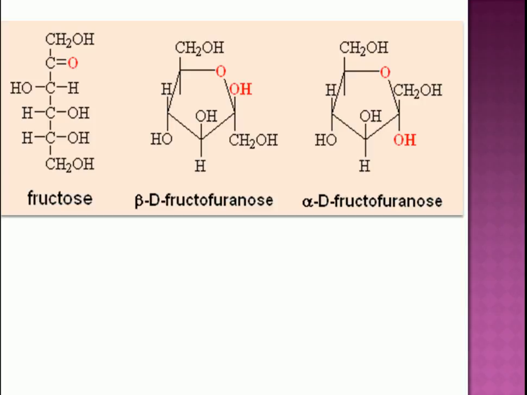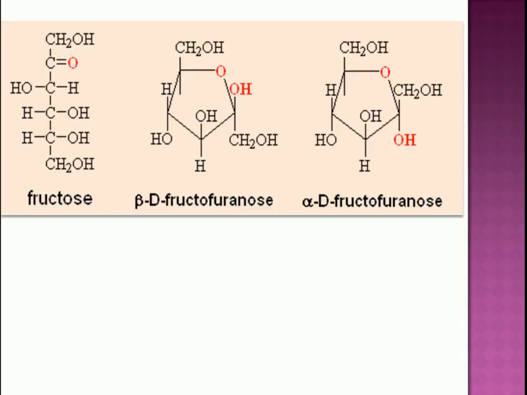There are two cyclic forms. These are furanose forms, that is a five-membered ring. This ring contains 4 carbon atoms and 1 oxygen atom. The first carbon configuration is very important to identify the alpha and beta isomers.